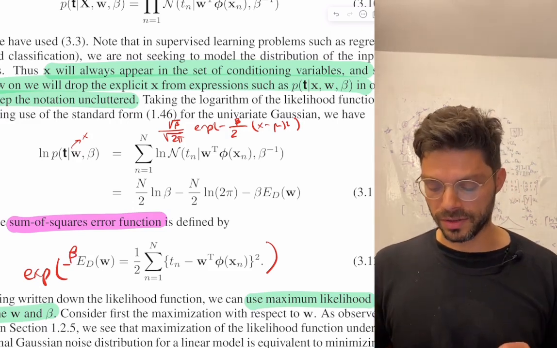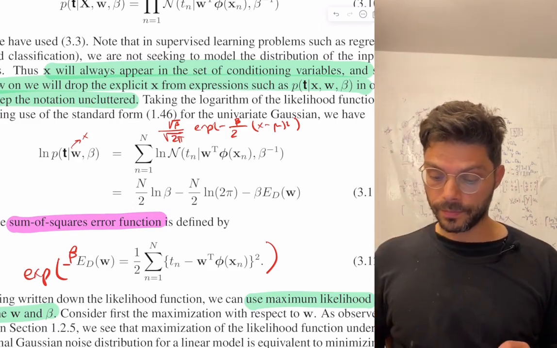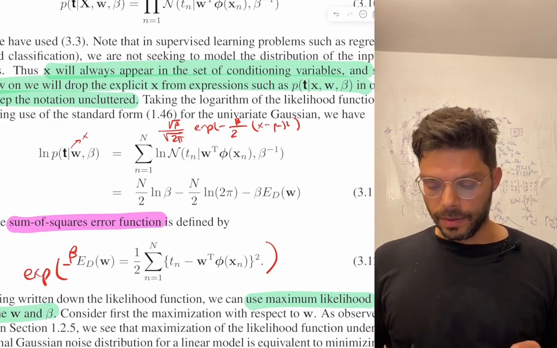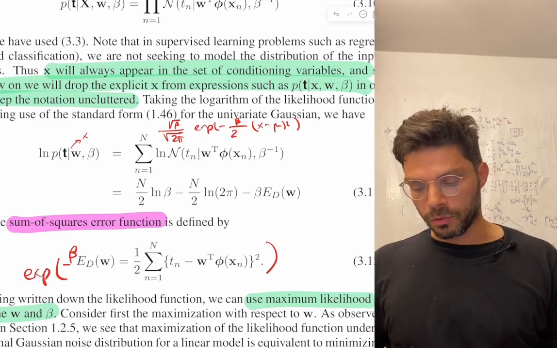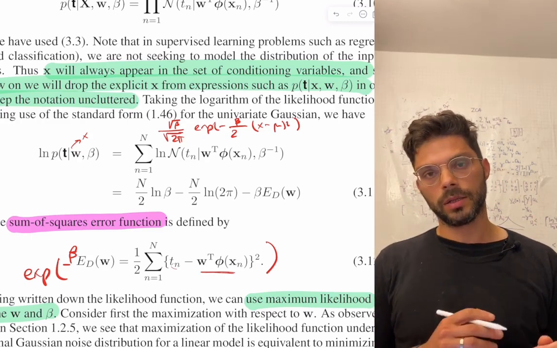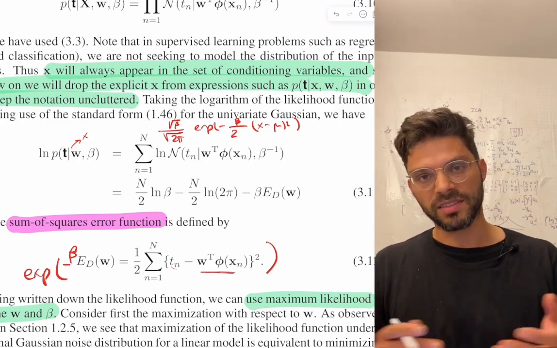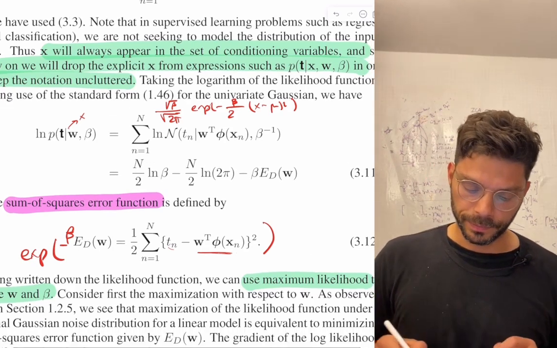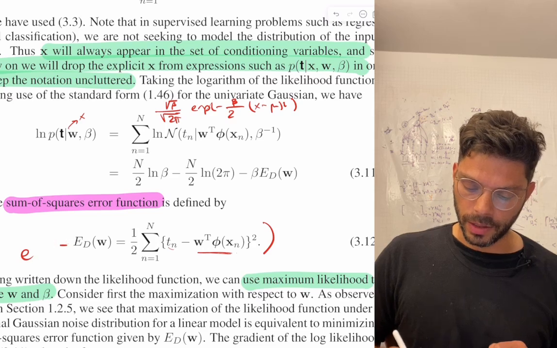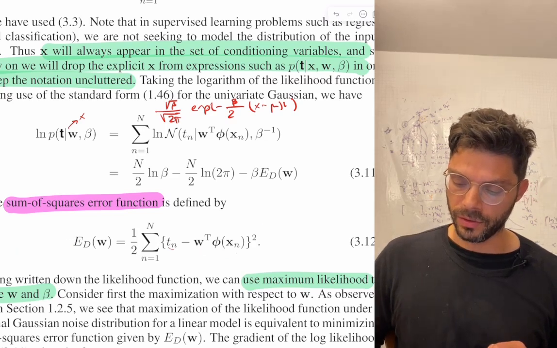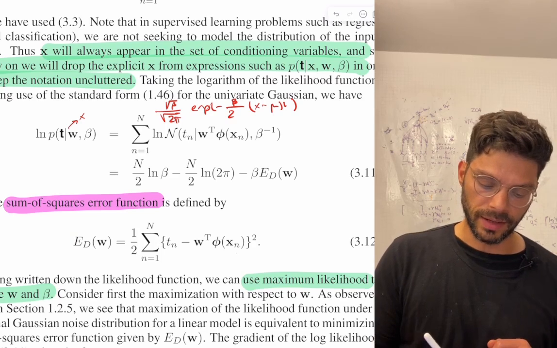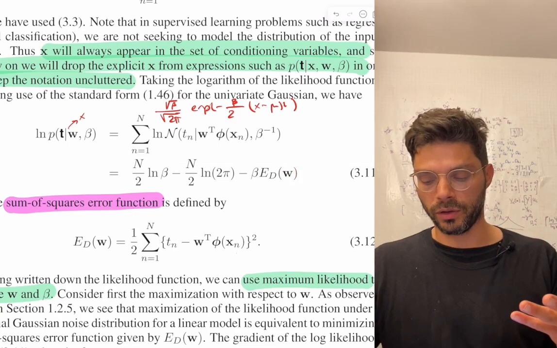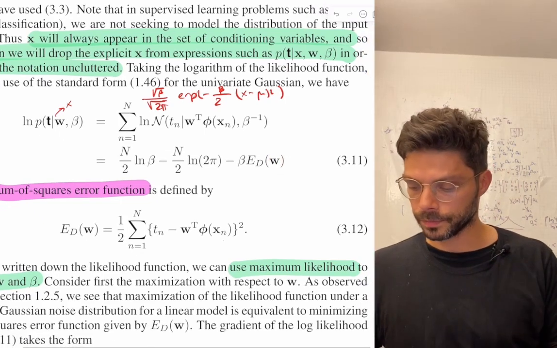This was a normal distribution at each point, where the observation was t_n, and the mean that we were predicting was this function, this weighted sum of these features. So that's where we're getting this sum of squares. And so now our job is two things. We're going to want to figure out what beta is, the precision, and what the weights are.